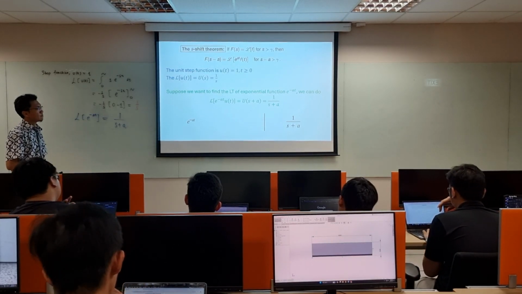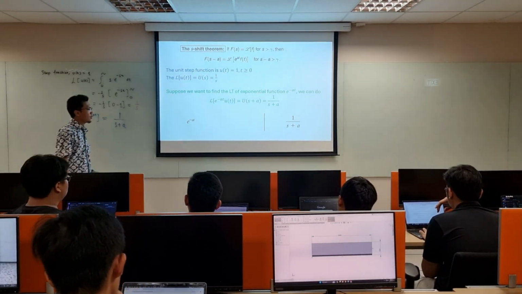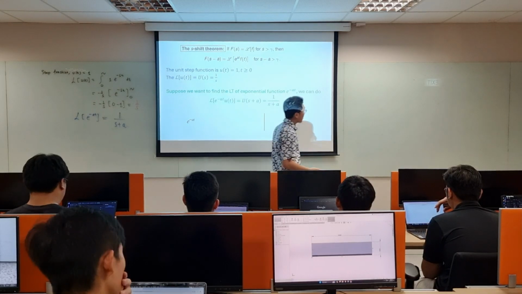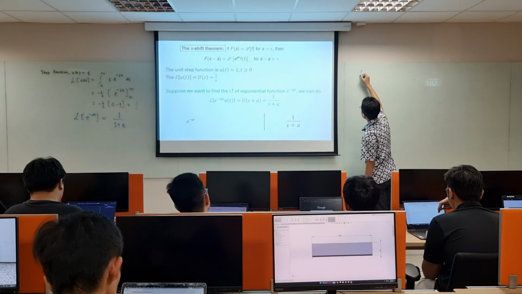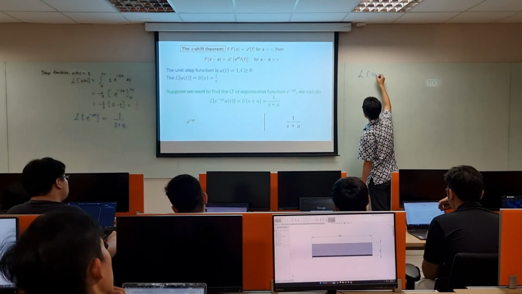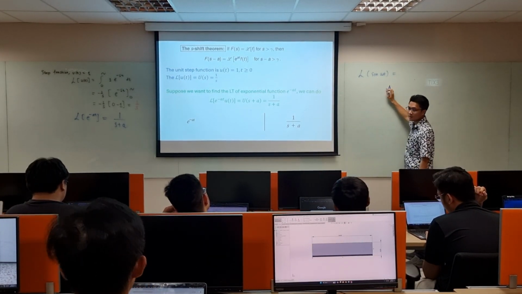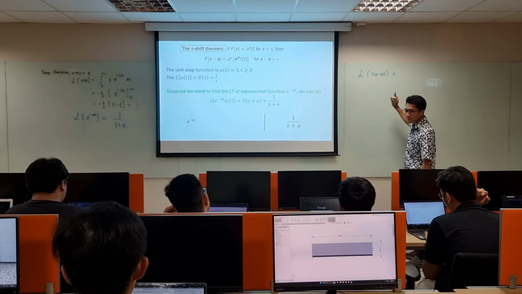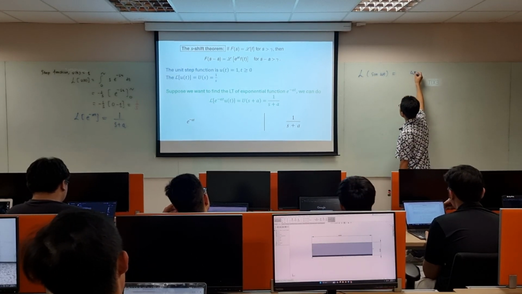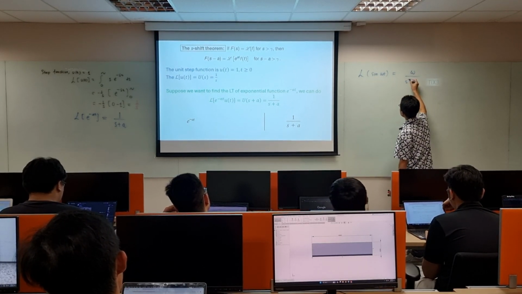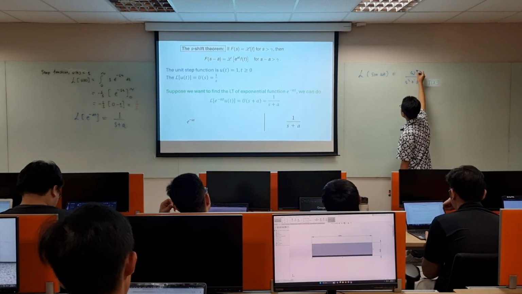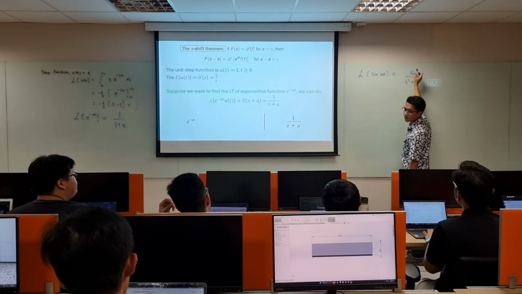Do you know the Laplace transform of sine omega t? This is omega over s squared plus omega squared.